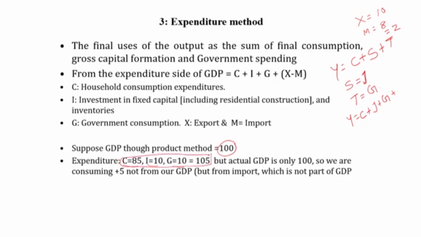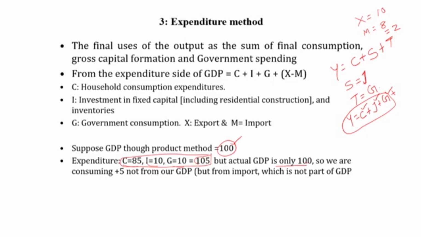If the foreign sector is not in the picture, total expenditure is the household expenditure C, firm's expenditure I, and government expenditure G. Using this approach, suppose we get 105, but using the income method and the product method, suppose we got the GDP 100. That means actual GDP is only 100.